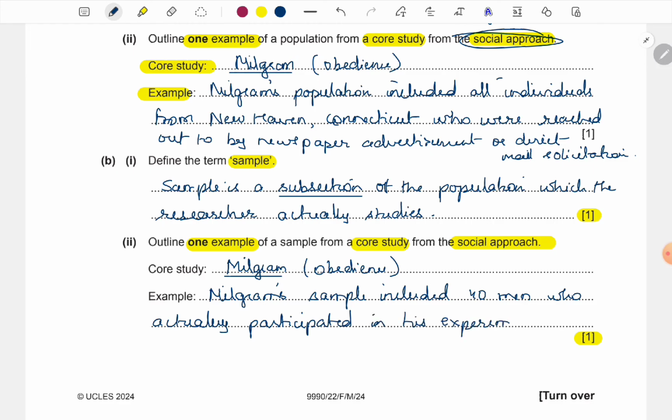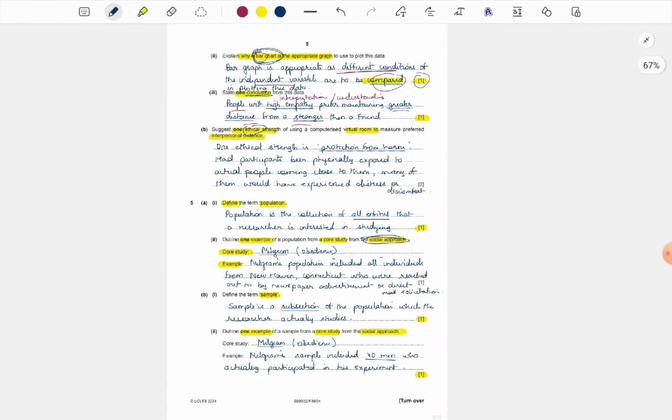Definitely you can give more details if you want to. It's just unnecessary for 1 mark, so I'm not writing. But if you want to say they were from various occupations like teachers, doctors, and I forgot, engineers, I think, you can mention those things. There's no issue with that.